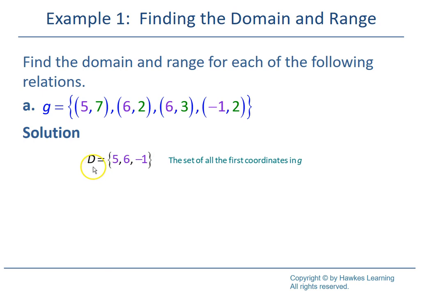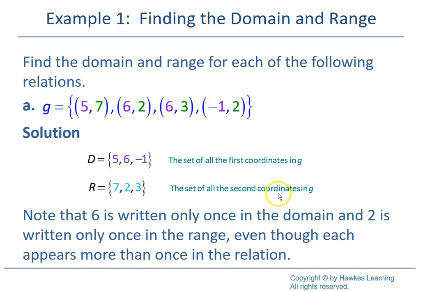And this is the proper way, using braces, in a sense roster notation, to write the domain. And the range, 7, 2, 3, 2, the 2 is repeated, so we only write it once. And here they're giving you that.